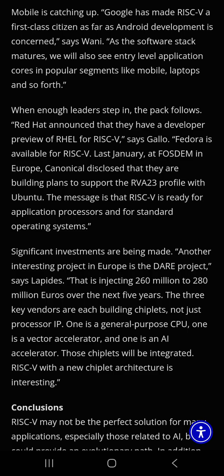Fedora was available for RISC-V last January at FOSDEM in Europe, and Canonical disclosed that they have plans to support the RVA23 profile with Ubuntu. This is a message that RISC-V is ready for application processors for the standard operating systems.